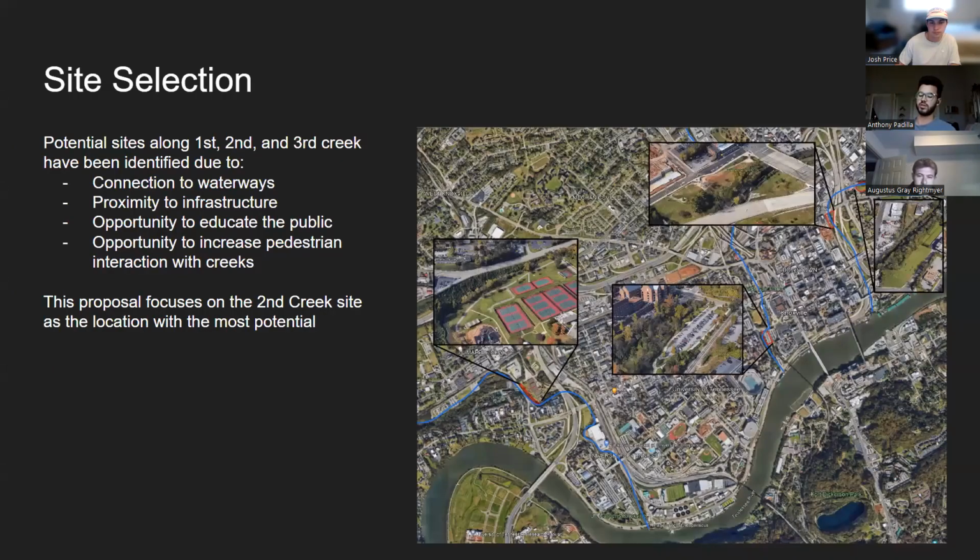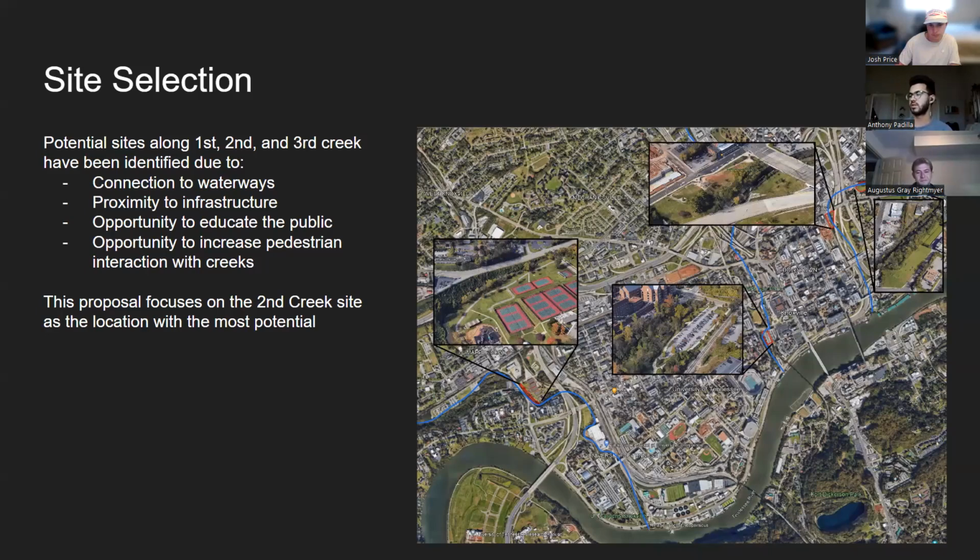And this is now introduced as our proposal. So in Knoxville, in the first part of the project, we looked at various sites along First, Second, and Third Creek, and all of these had opportunities for education of the public, reintroducing biodiversity, and pedestrian interaction with these creeks, because many people don't know they exist and don't really spend much time by them because they are pretty degraded in some areas.